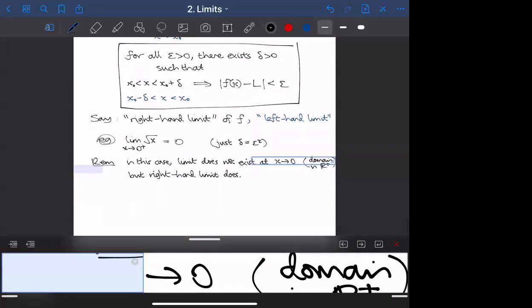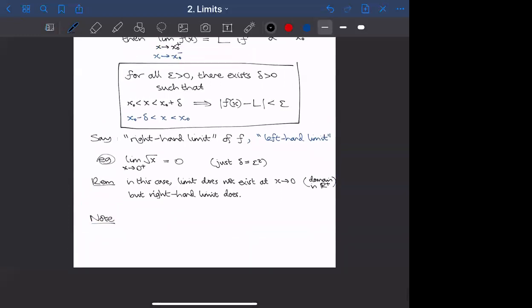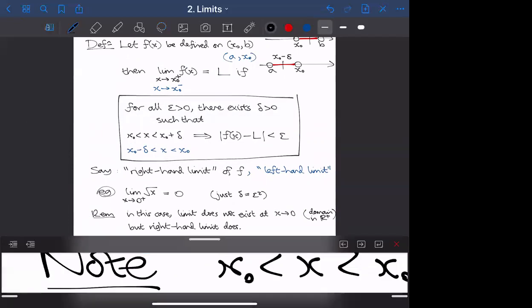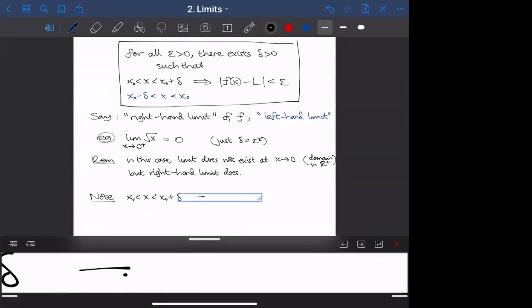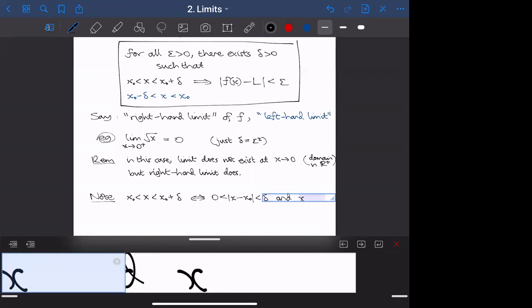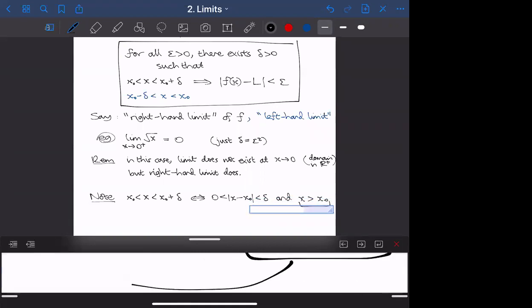So note these conditions. This condition on x is, of course, equivalent to our previous condition on x, this condition on the absolute value of x minus x0 less than delta, and x is greater than x0.